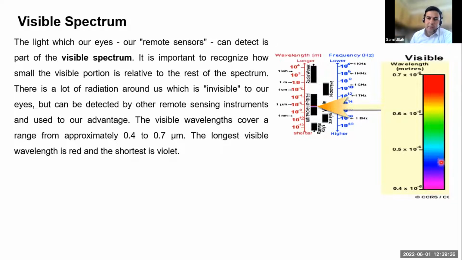After the violet color, we have blue. Blue has the shortest wavelength among the primary colors. After the blue, we have green, and then we have yellow and red. Blue, green and red are the primary colors. We call them primary just because all the other colors are the result of combinations of these three.